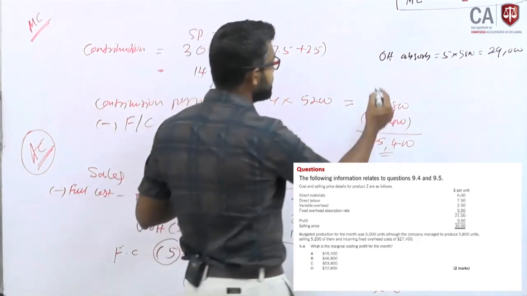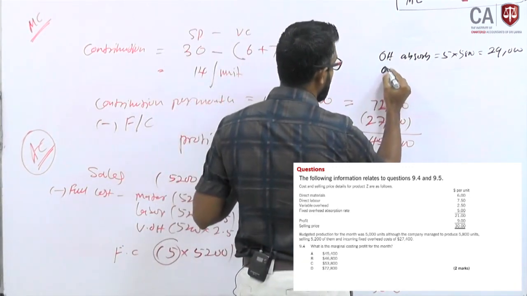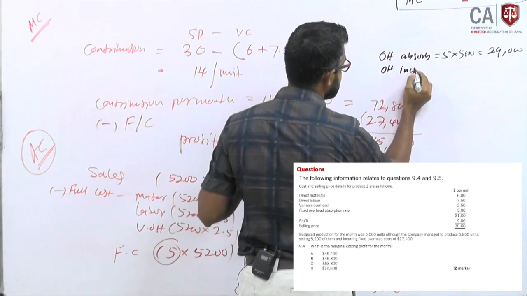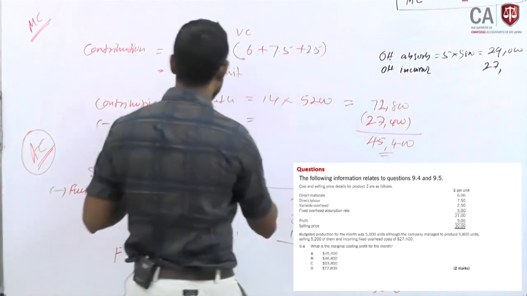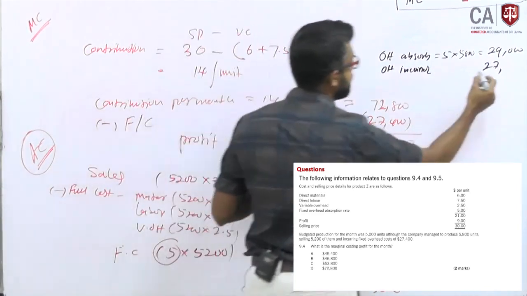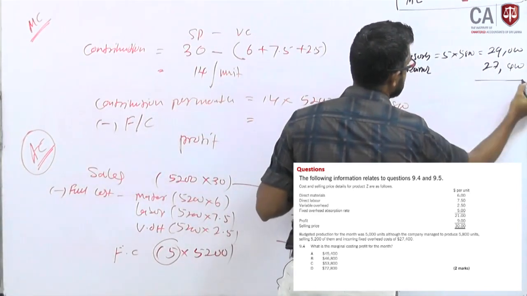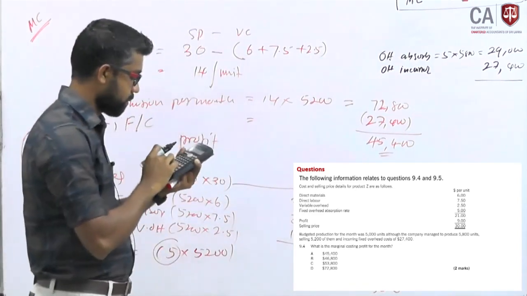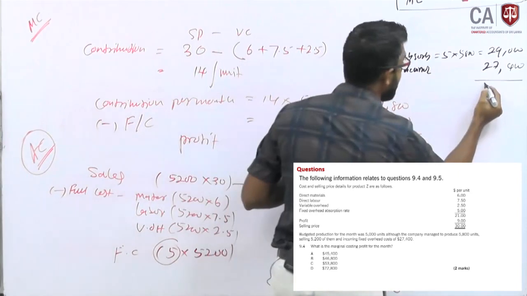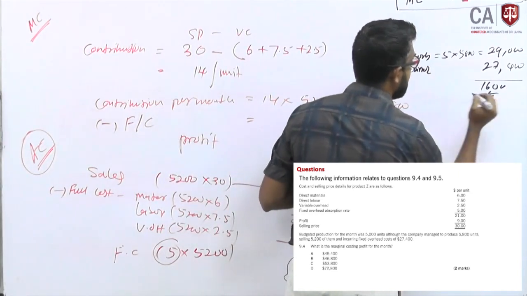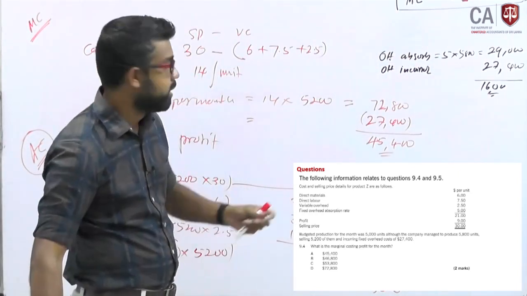But incurred cost, overhead incurred, 27,400. 1,600 you have absorbed more. Understand?